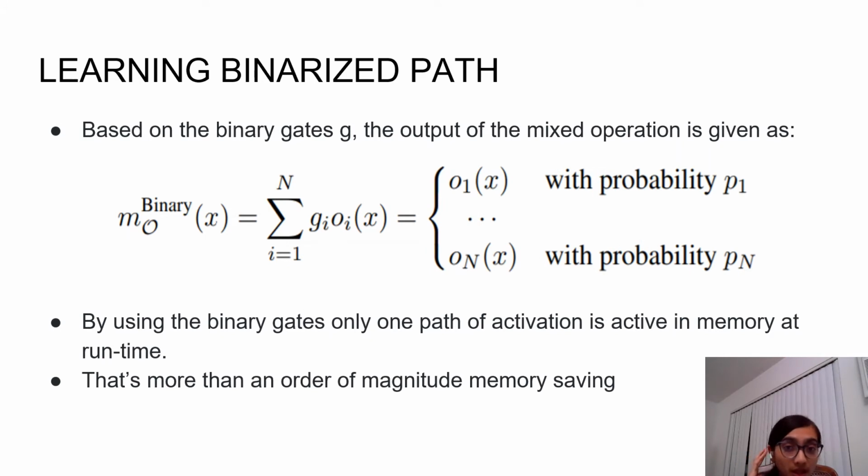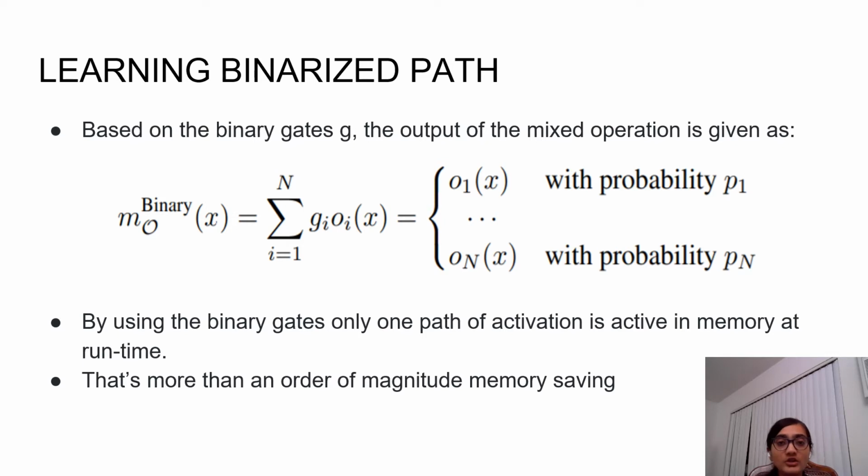Based on the binary gates of g, the output of the mixed operation is given as the summation of i equal to 1 to n of gi times oi, where o1 of x with probability p1 is for one edge or one path, and for n number of paths, it is going to go up to on of x with probability of pn.